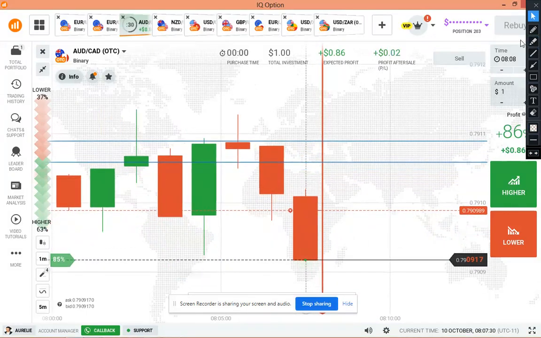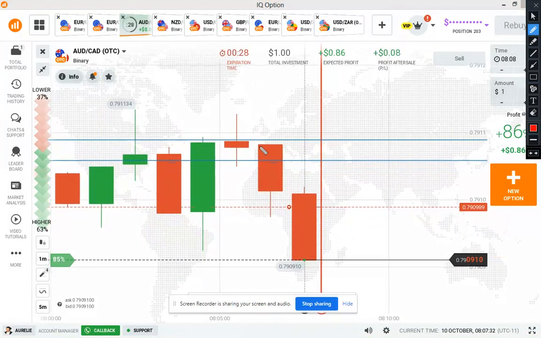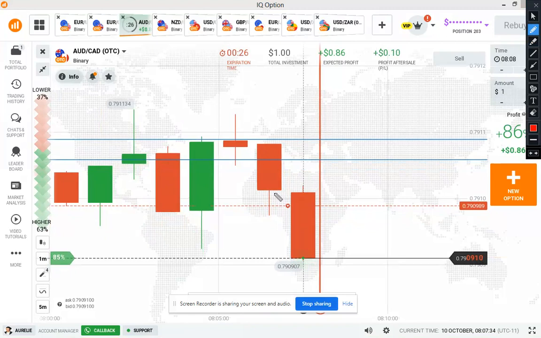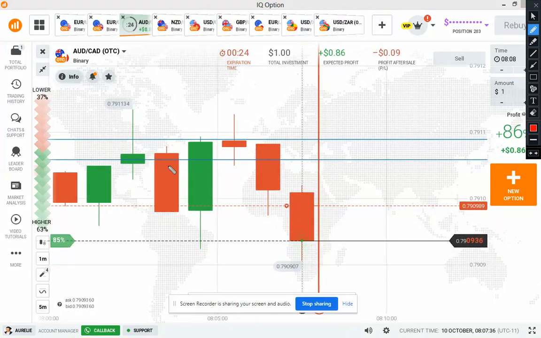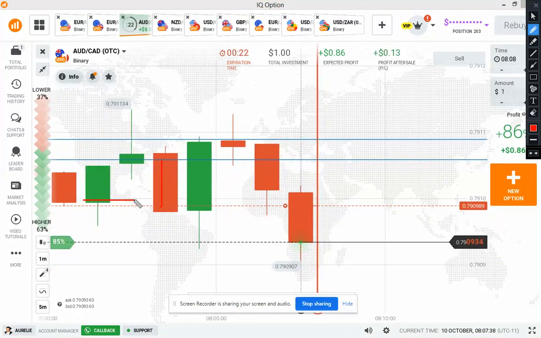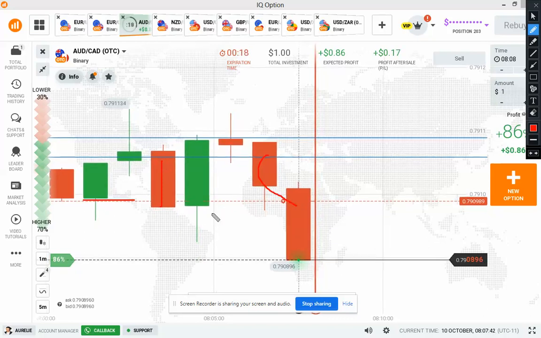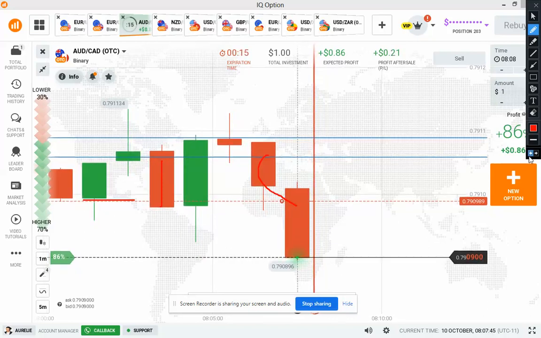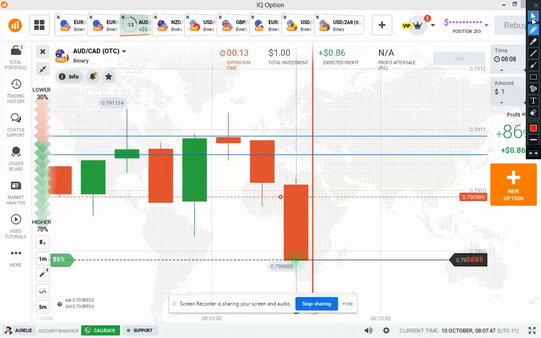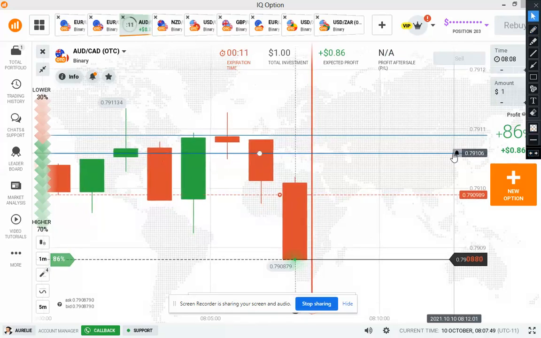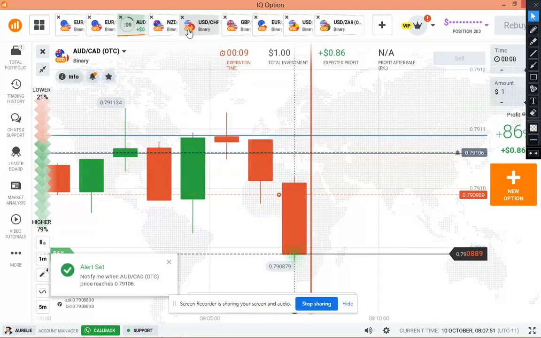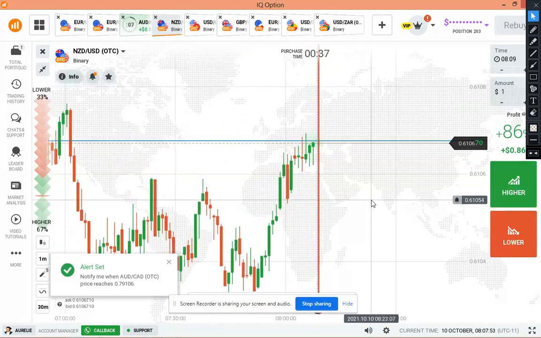Okay, so you see that twice I took the trade. Like for instance, I took the trade twice. This is just one candle that reached the next support level. This is just two candles that even broke the next support level. So what you have to do in this kind of situation is wait again for the price to reach this zone and come back to the zone.